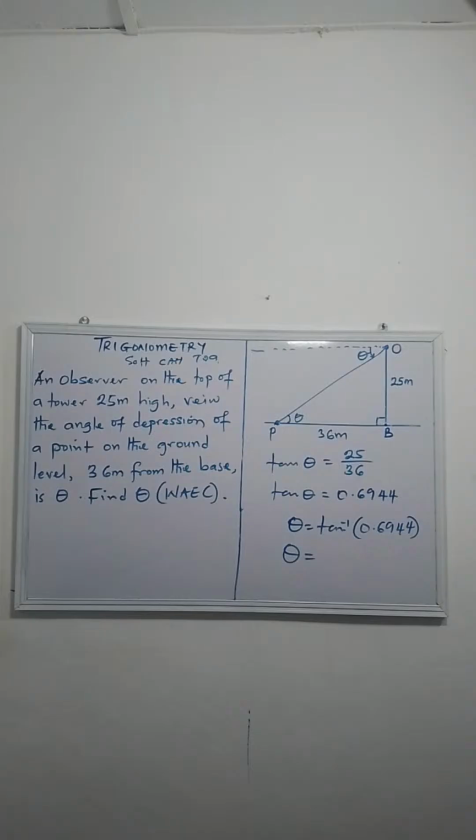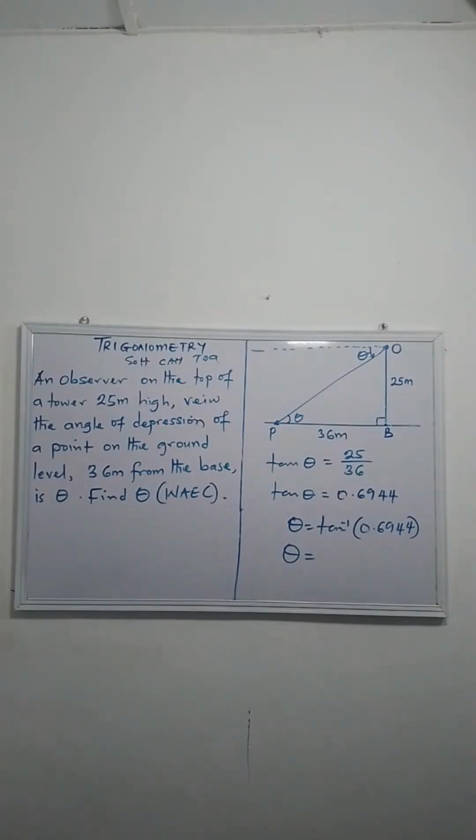Is anybody with another answer different from what we have here? Make sure you drop your answer. Okay, Folashade, I'm seeing you for the first time. The other time I saw you, you were just greeting us. So we have 34.77. Others should drop their answer.